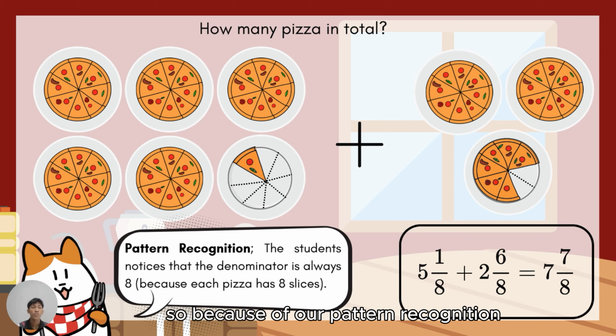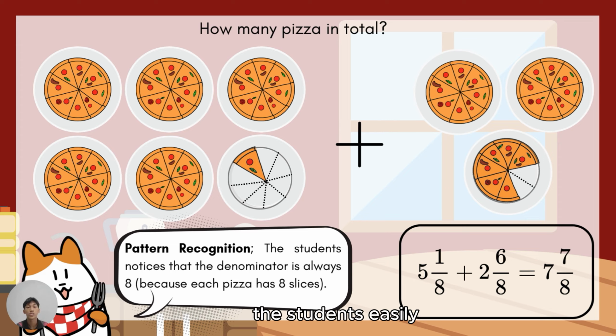Because of our pattern recognition, the students easily add the whole numbers to get 7 and the numerators to get 7, giving us a total of 7 7/8 pizzas.